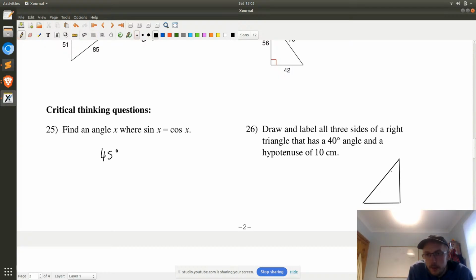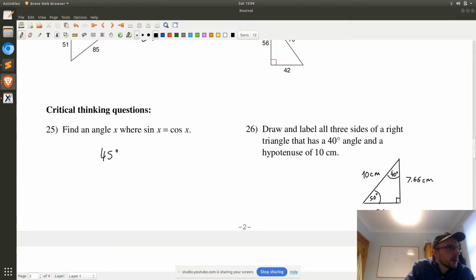I'll pick what appears visually to be the smaller angle, 40 degrees, 50 degrees. There, hypotenuse, 10 centimeters. And 10 cosine 40, about 7.66. 10 sine 40. And that'll do.